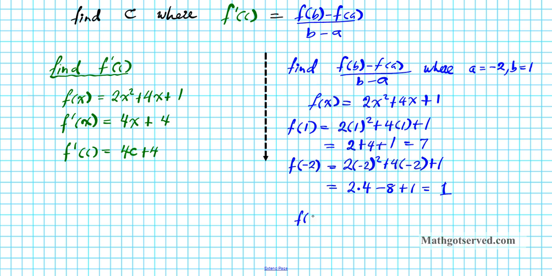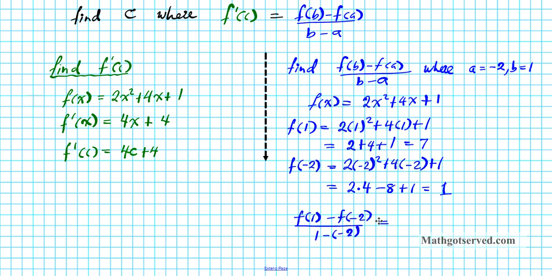Okay, so let's go ahead and finish this off. We're evaluating f of b, which is f of 1, minus f of -2, divided by 1 minus -2.